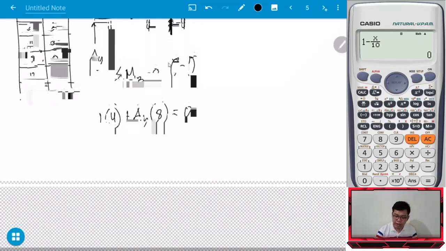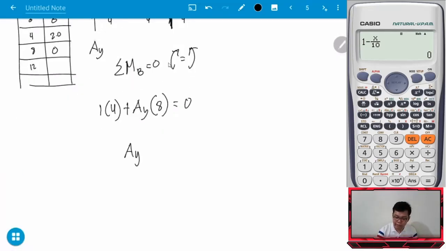Now, obviously, ang AY natin is negative. 4 divided by 8, I think 0.5. Tama ba? So, negative, 1 times 4. Nasanay na tayo mag-shift solve, no? Kahit napakadali. But, at least na maniwala kayo na baka kasi hindi kayo maniwala. Negative 0.5.